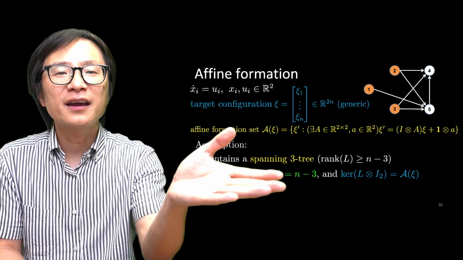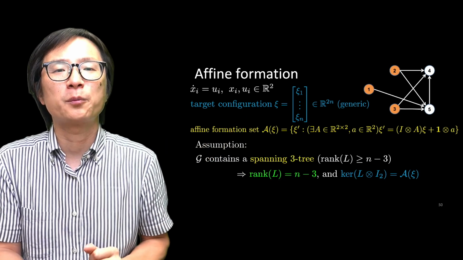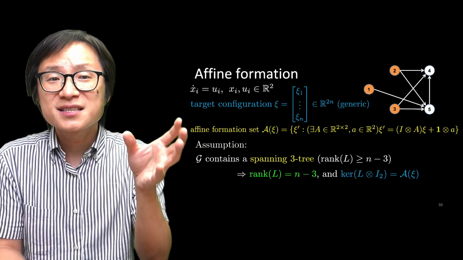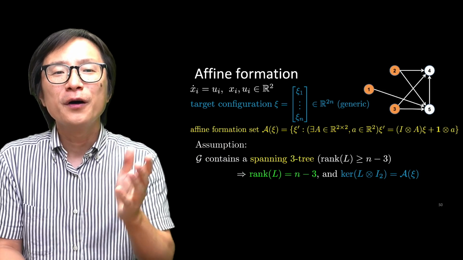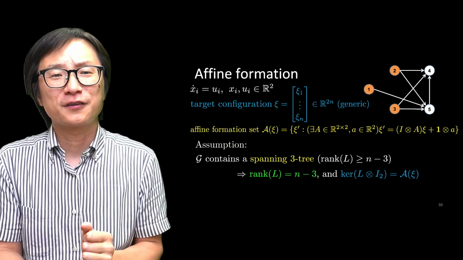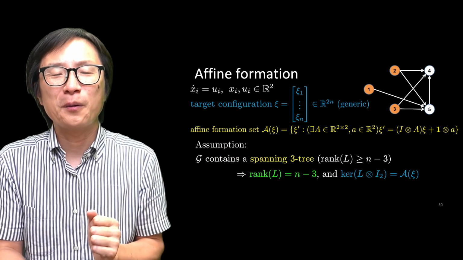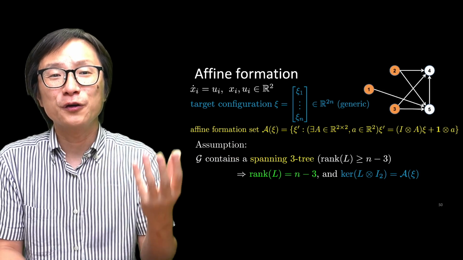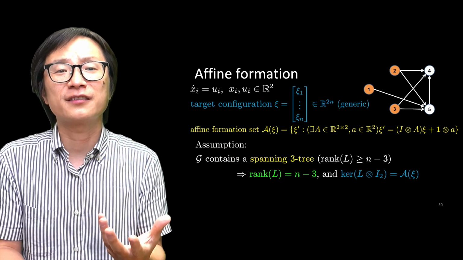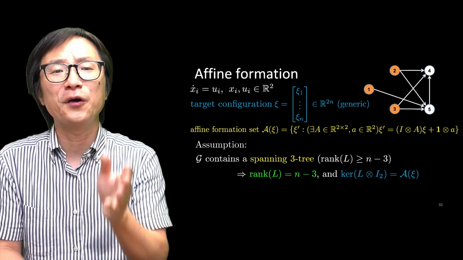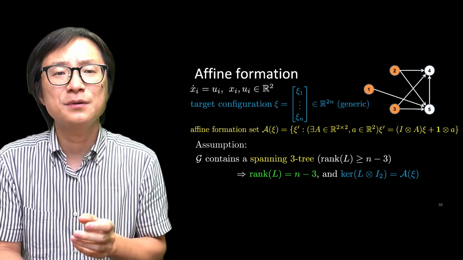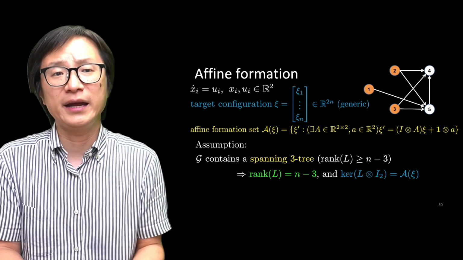And in this case, the kernel of L Kronecker product I2 is exactly the set of all affine formations. And that's exactly what we want, because again, we will use a strategy of driving the states toward the kernel of L Kronecker product I2, with which we will reach an affine formation.